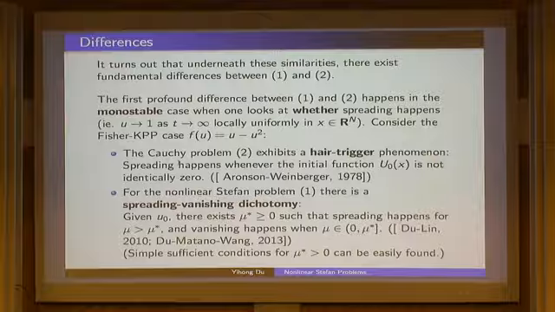For the Cauchy problem, there's a well-known hair trigger phenomenon: as long as U0, the initial function, is not identical to 0, the solution, capital U, would go to 1. So spreading always happens. But for the Stefan problem, we have a spreading-vanishing dichotomy. If you use mu as a parameter, we can show that there is a critical mu star, such that vanishing happens when mu is less than or equal to mu star, and spreading happens when mu is greater than mu star.